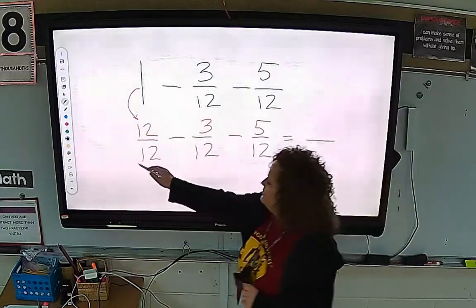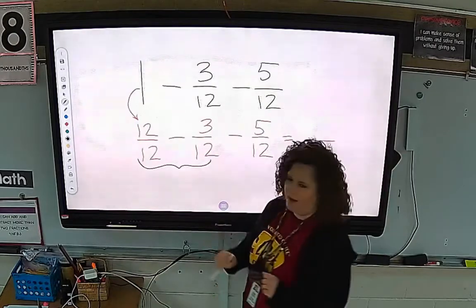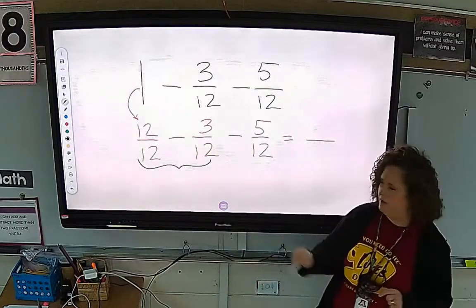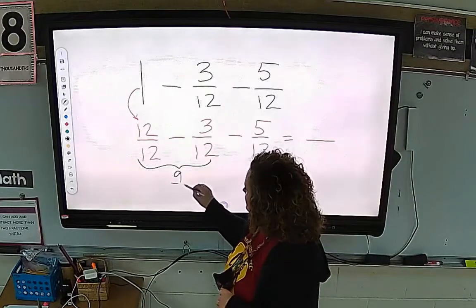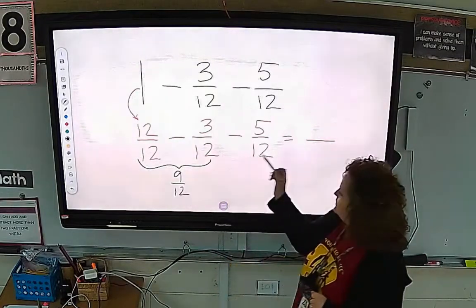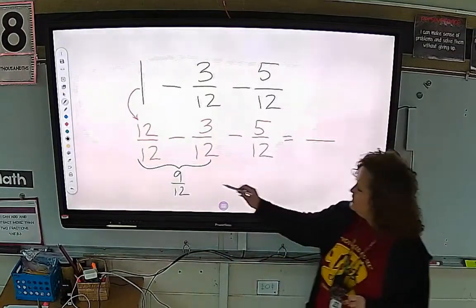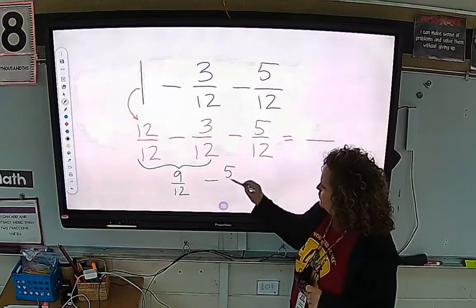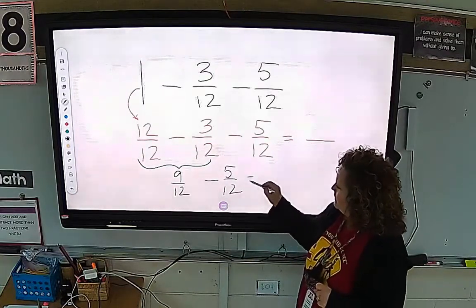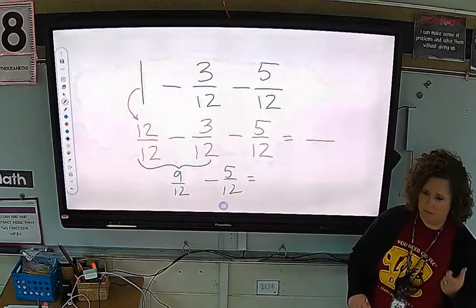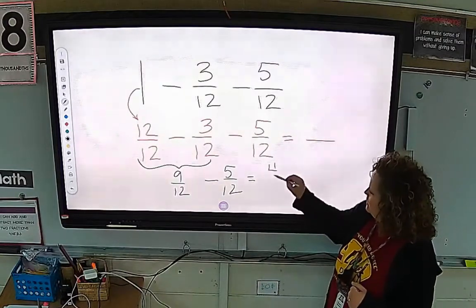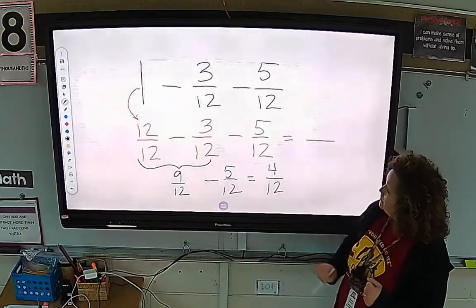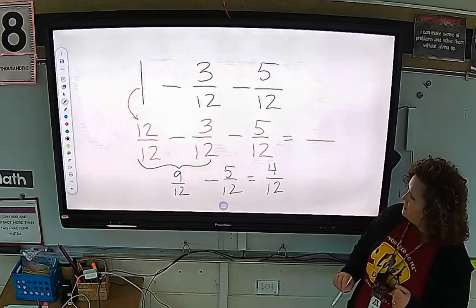When you do that, how many do you have? Okay, 9 twelfths. 9 twelfths take away 5 more would be, what is 9 take away 5? It would be 4 twelfths, okay? Yes. All right. It would be 4 twelfths.